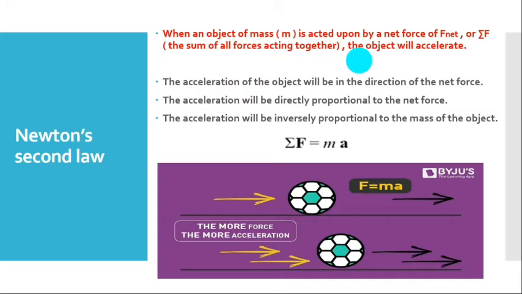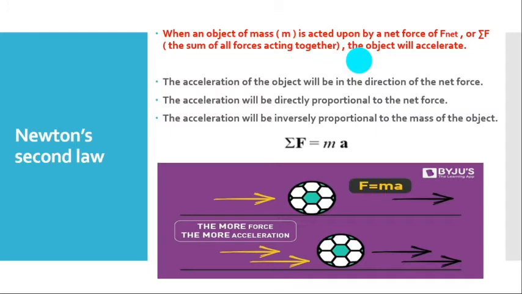If the object is at rest or moving with constant velocity, it means that this object is not accelerating, so acceleration equals zero and net force equals zero. Is it clear? The acceleration of the object will be in the direction of the net force. Acceleration and net force are in the same direction.